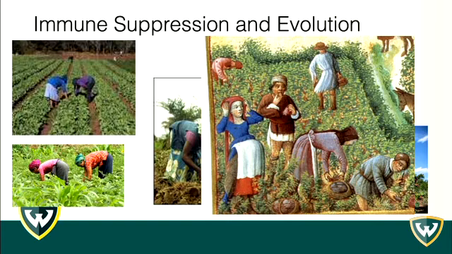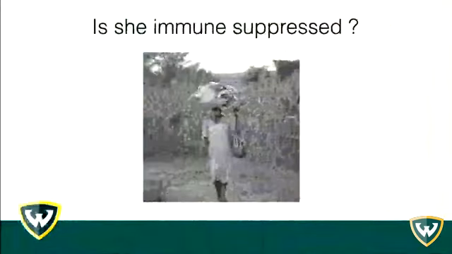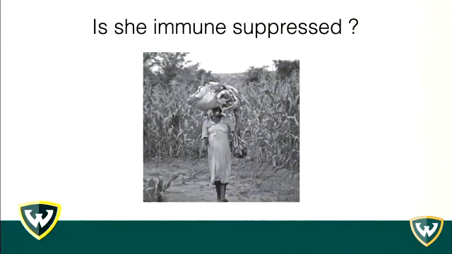And if the pregnant woman, immune suppressed, is exposed to the environment and is weak, the species will disappear. Is this pregnant woman immune suppressed? As you see, this is a woman that is happily pregnant, working in an area that doesn't have the sterile conditions that we are used to. She doesn't die. The fetus doesn't die. She has a successful pregnancy.